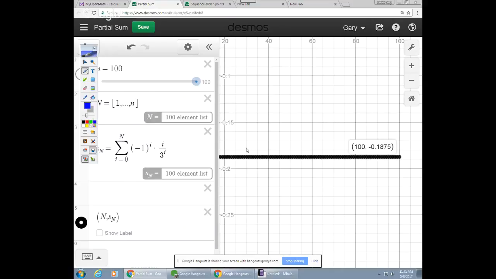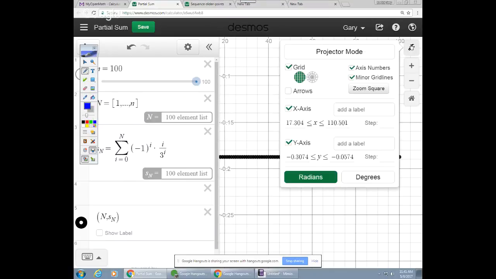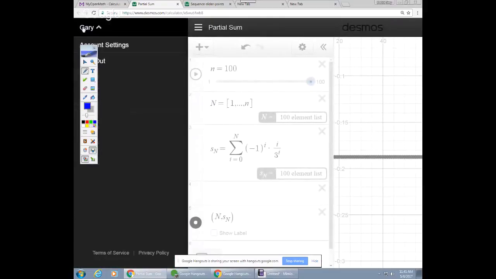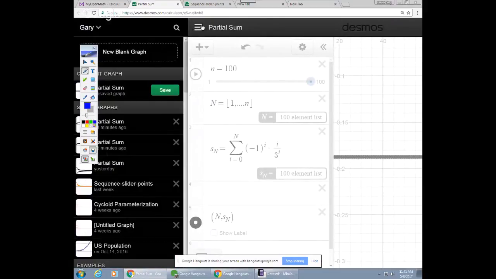Oh, I doubt it's actually 3/16. Can you tell Desmos to give you more decimal places? I don't see a place to ask for more detail.